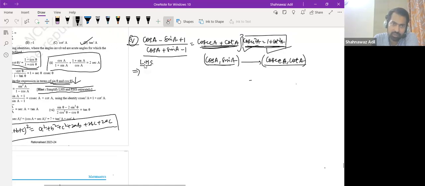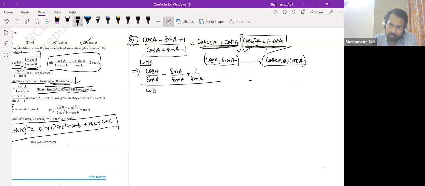I will stop in the middle because you guys can solve this one. We have already done this problem, right? I am just telling you the other method. So this one is also divided, right?